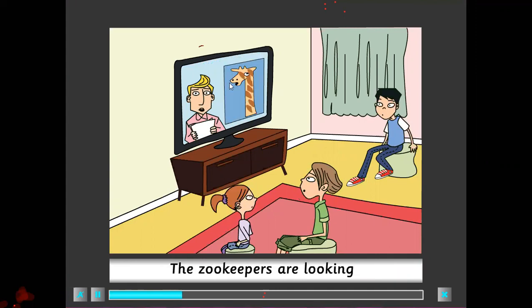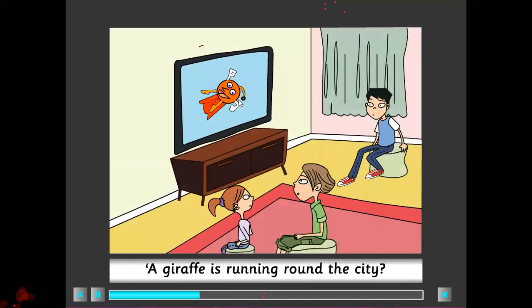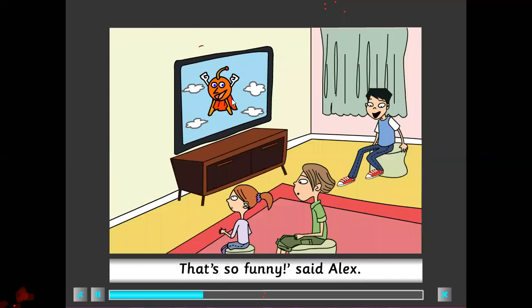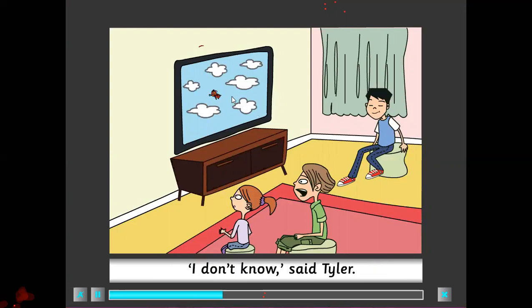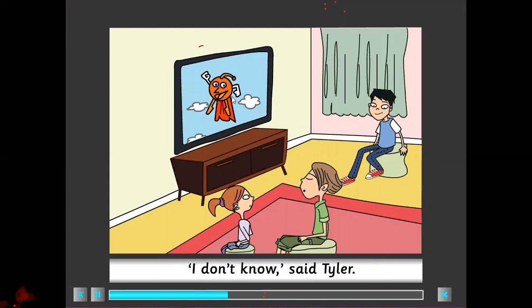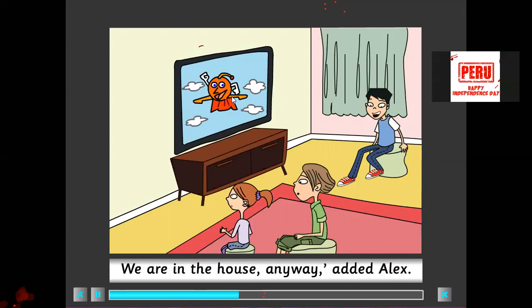The zookeepers are looking for the giraffe in the city. A giraffe is running around the city? That's so funny, said Alex. Are they dangerous? Alice asked. I don't know, said Tyler. Don't worry, Alice. We are in the house anyway, added Alex.